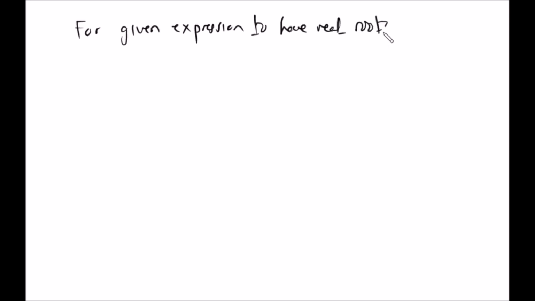So for the given expression to have real roots, basi 1 minus y squared, yani b squared, minus 4 times a times c should be greater or equal to 0.